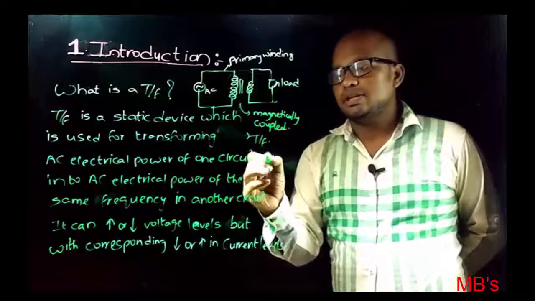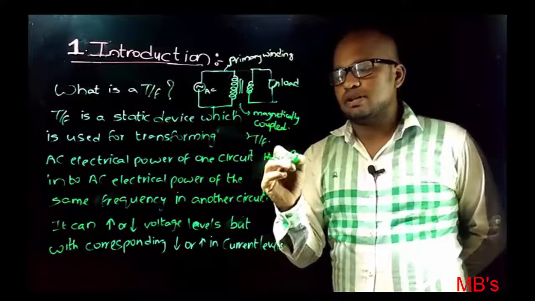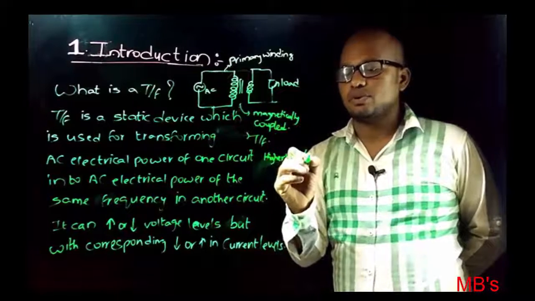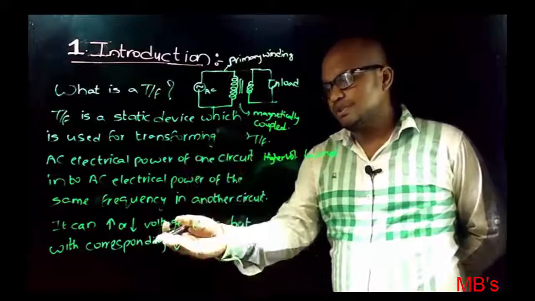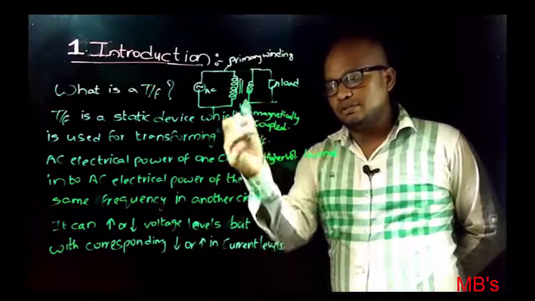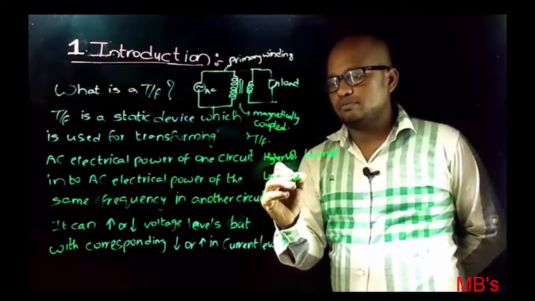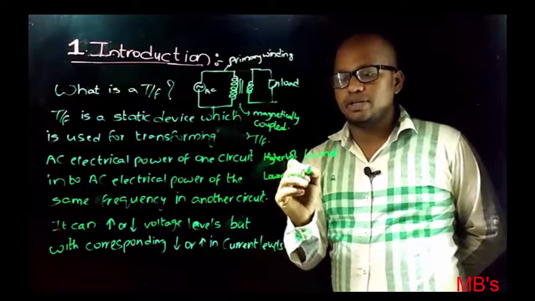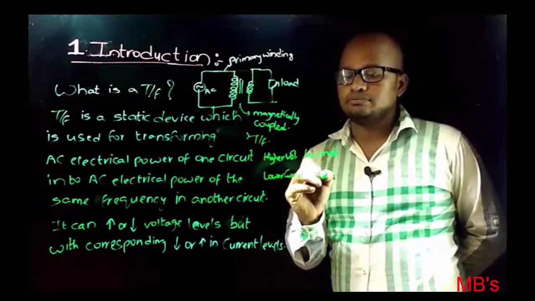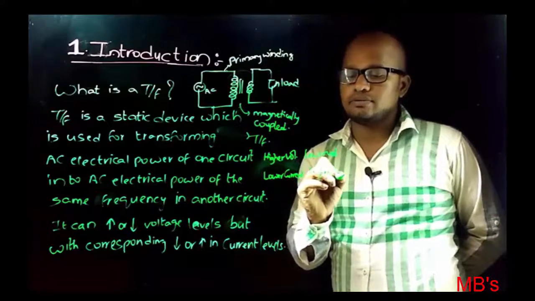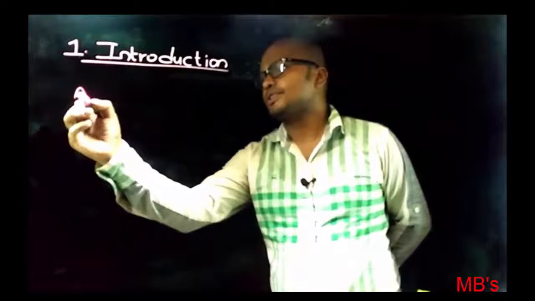Simply, if primary winding is at higher voltage level and secondary winding is at lower voltage level, then according to this statement, primary winding will be at lower current level and secondary winding will be at higher current level.